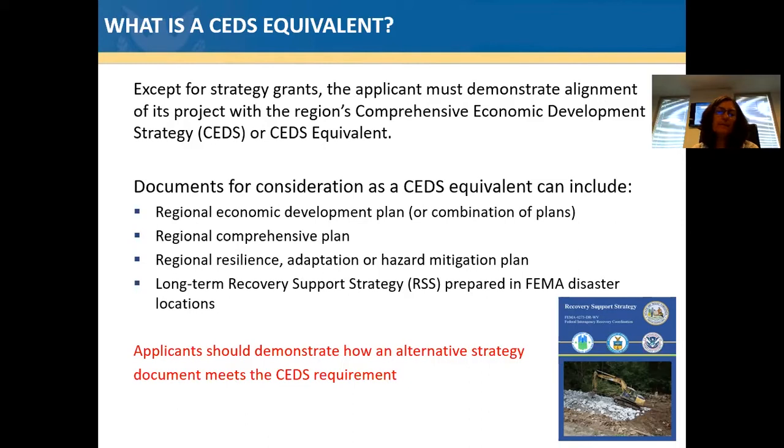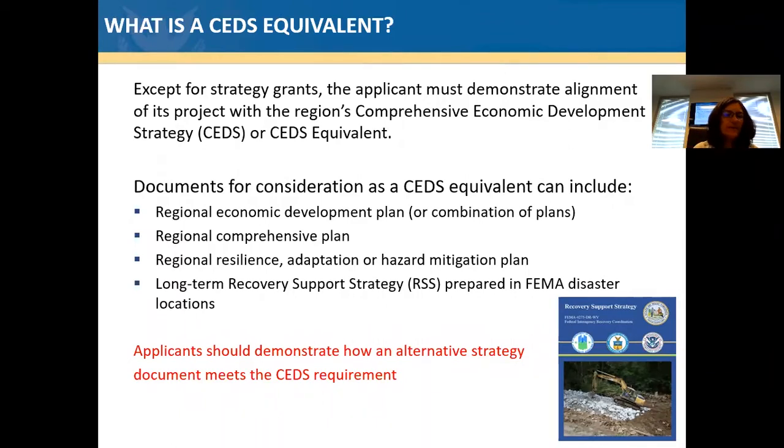Some examples of what could be considered alternative strategy documents would be another regional economic development plan, a regional comprehensive plan. More and more regions and states are developing resilience plans, adaptation plans, and then there's the FEMA hazard mitigation plan.